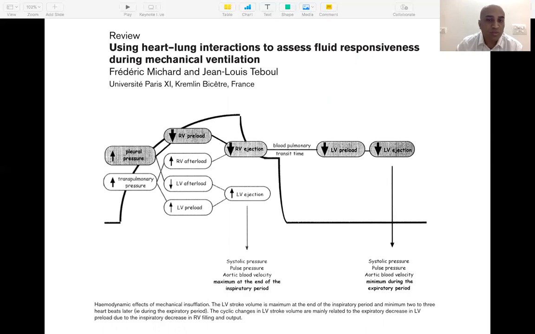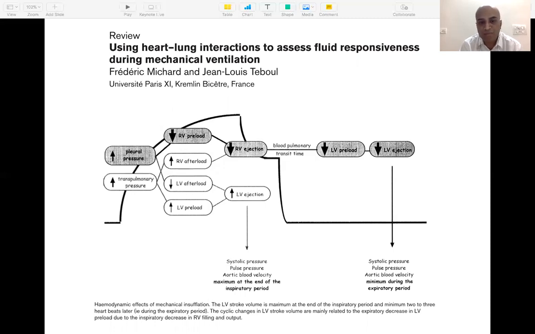For this, the patient has to be sedated, paralyzed, and on a mechanical ventilator. So what physiological changes happen when the patient is having inspiration? There is an increase in the transpulmonary pressure and an increase in the pleural pressure. As a result, there will be a decrease in the RV preload and an increase in RV afterload, leading to decreased RV ejection, and there is decreased LV afterload and increased LV preload, leading to increased LV ejection.